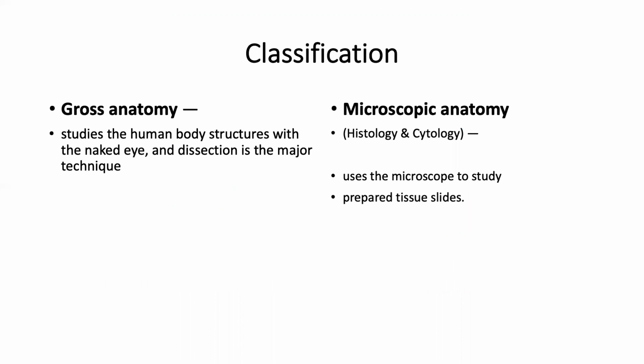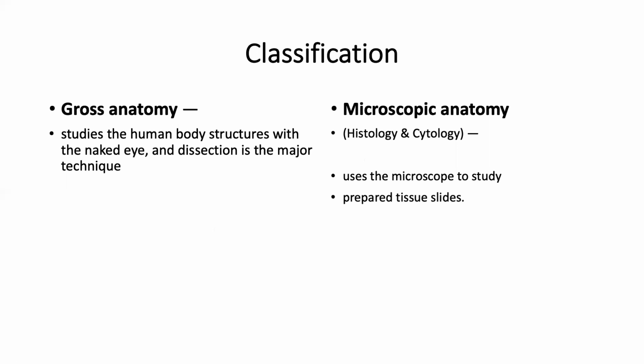If you open someone's tummy, let's say in an exploratory laparotomy, the organs you see inside the abdomen are gross anatomy. Microscopic anatomy, in other words, means you have to use a microscope.